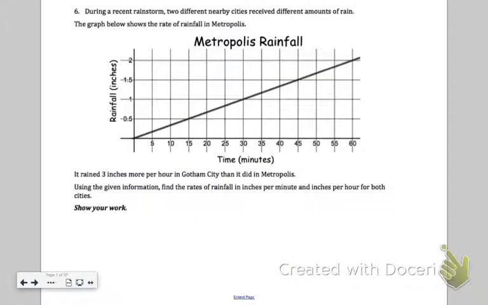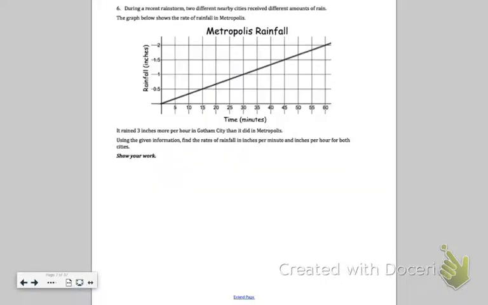During a recent rainstorm, 2 different nearby cities received different amounts of rain. The graph below shows the rate of rainfall in Metropolis. So we're looking at a graph with inches of rainfall on our y-axis and minutes on our x-axis. And we are told that it rained 3 inches more per hour in Gotham City than it did in Metropolis.